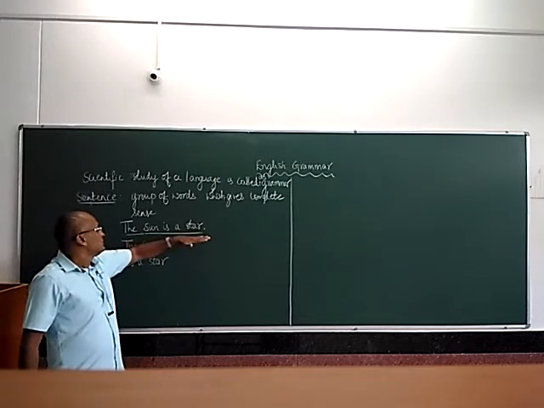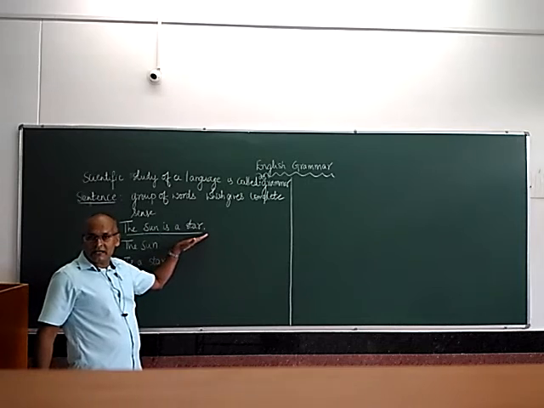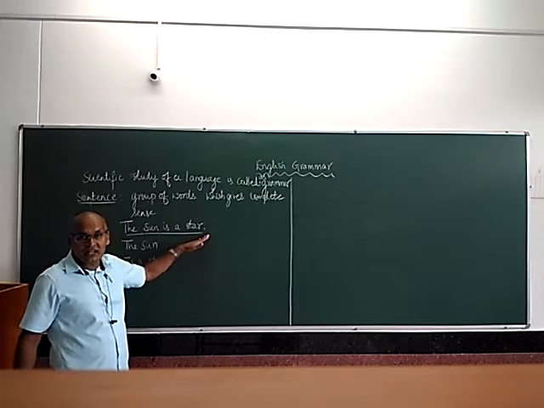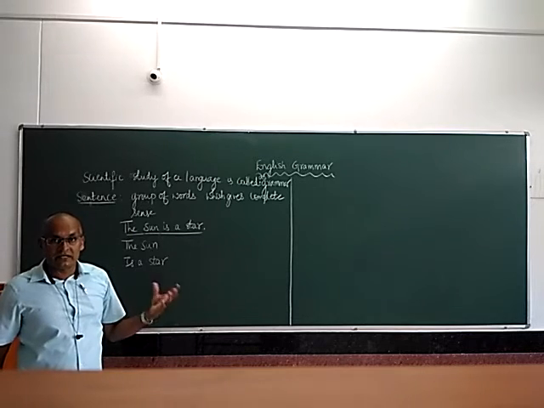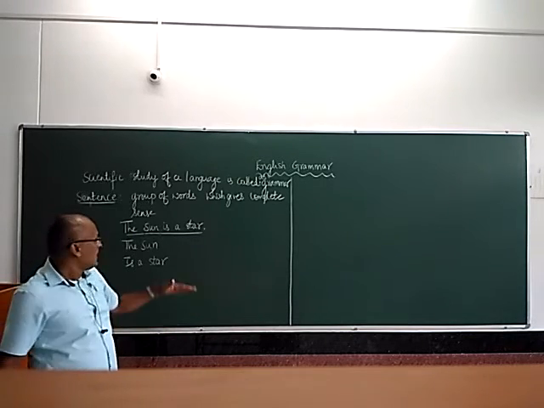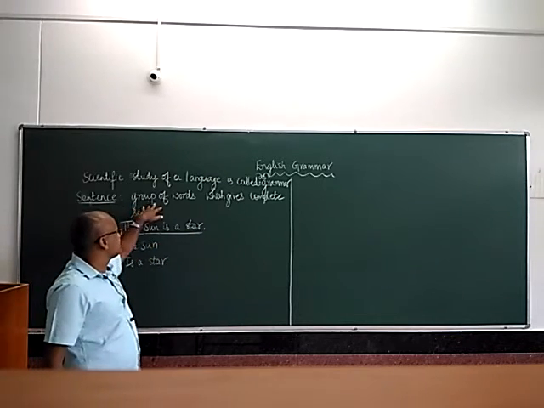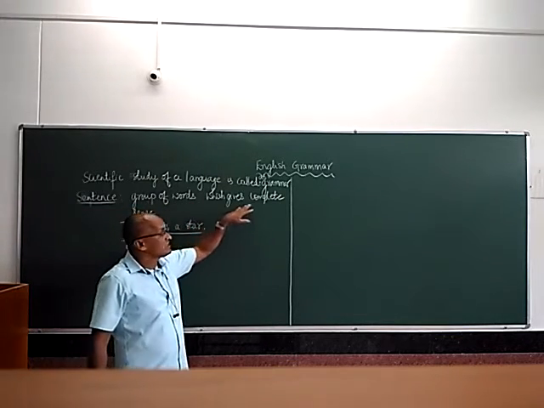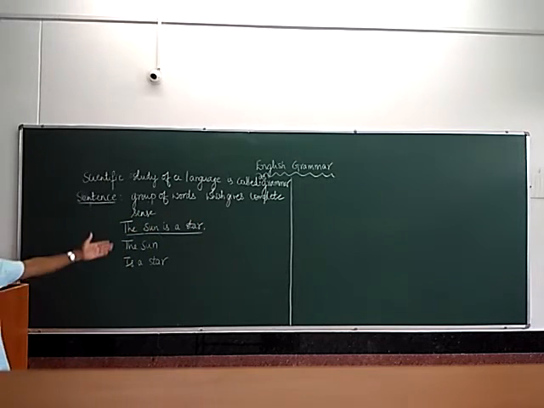Only when you put it in this order, the sun is a star, it is clear. Sun is one thing, that is nothing but a star. So, a sentence is a group of words which gives complete sense.